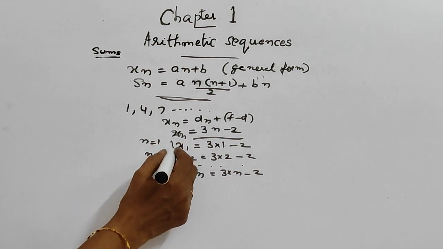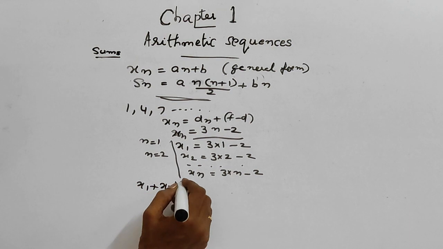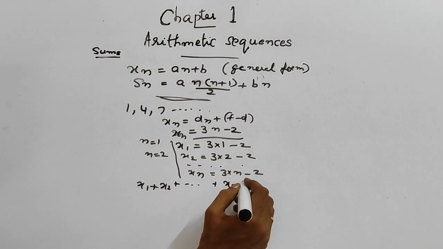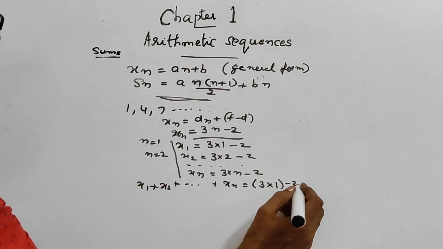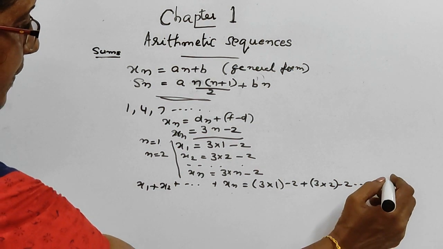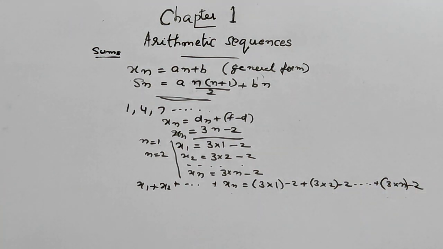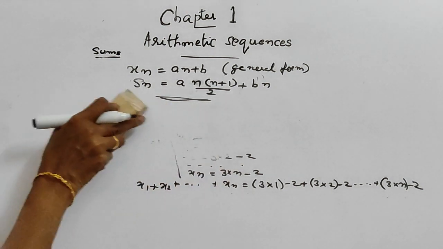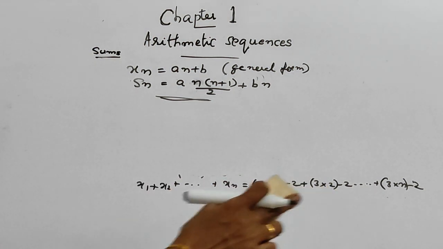So adding all these, what is the answer? x1 plus x2 plus up to xn is equal to, as in the previous example we did, 3 into 1 minus 2 plus 3 into 2 minus 2 up to plus 3 into n minus 2. See, we can take common factor. We can take all threes outside.